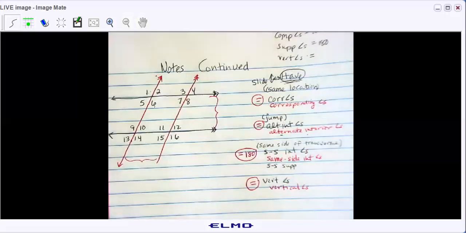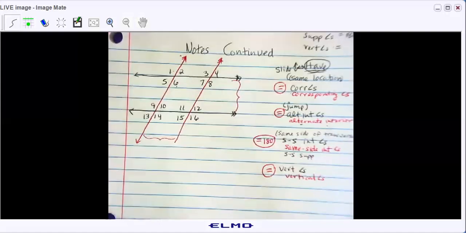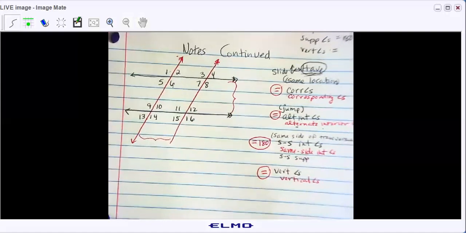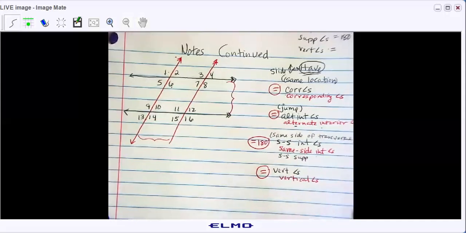The same side interior is just like it says, it's going to be on the same side of the transversal.